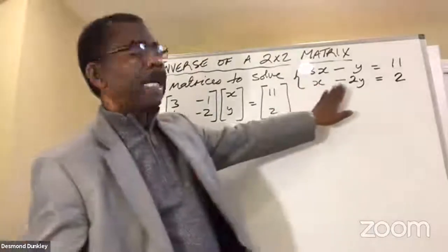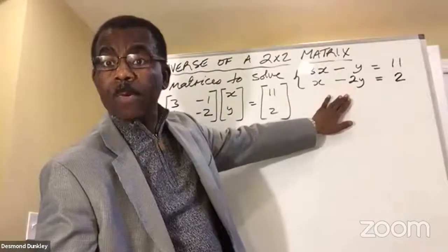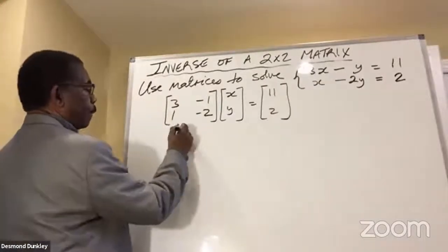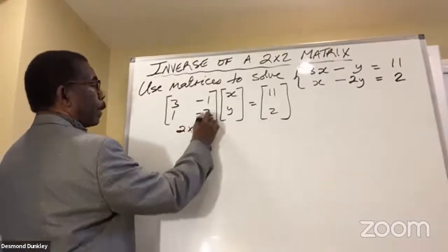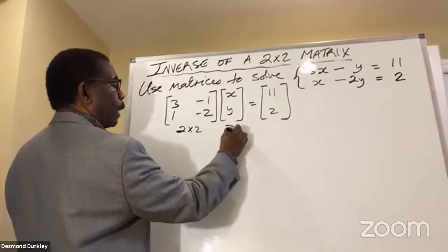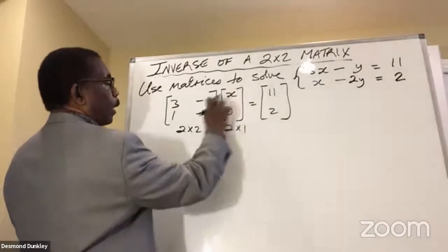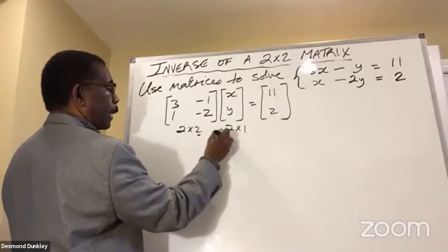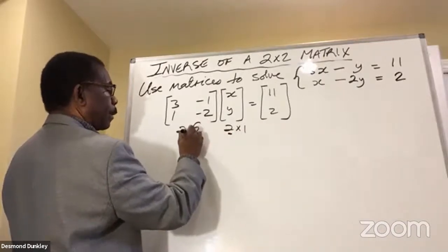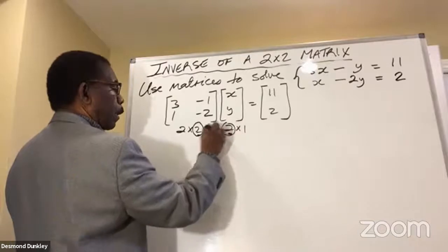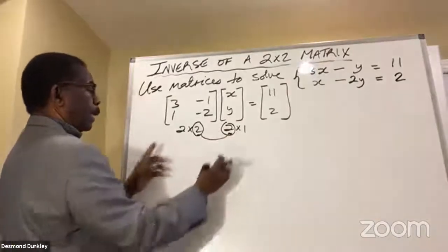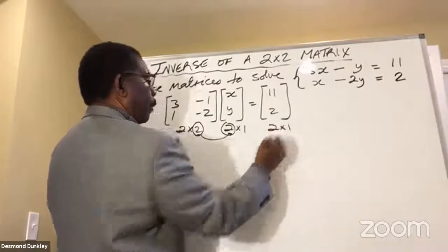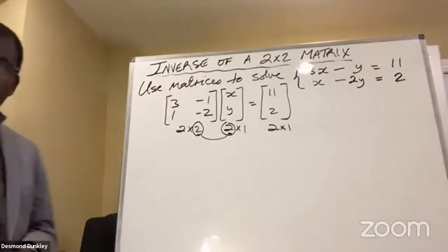So we went from a system of linear equations to a matrix equation. This is a 2 by 2. This is a 2 by 1, 2 rows, 1 column. And if you notice, this is identical to this. And then the result is a 2 by 1. So it makes a lot of sense.